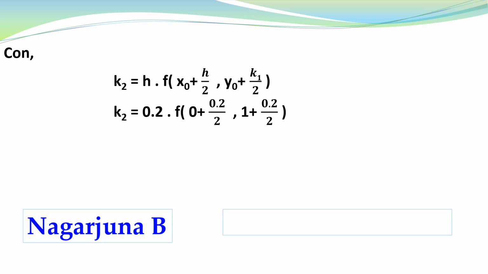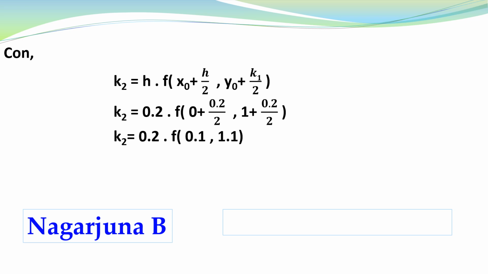0.2 divided by 2 will be 0.1, 0.1 plus 0 will be 0.1, then 0.2 divided by 2 will be 0.1, 0.1 plus 1 will be 1.1. Therefore we can write k2 equal to 0.2 into f of 0.1 comma 1.1, and we know f of x comma y is given by y minus 2x divided by y.